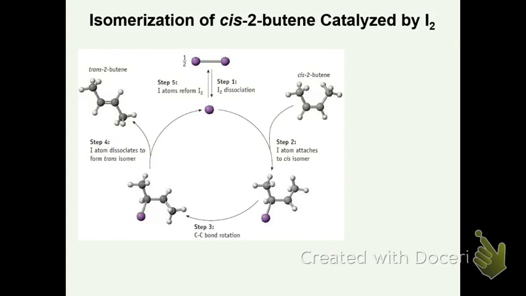So based on this mechanism, we can write a rate law for the reaction. So the balanced overall reaction isn't actually changed. We're still starting with cis-2-butene and converting to trans-2-butene.